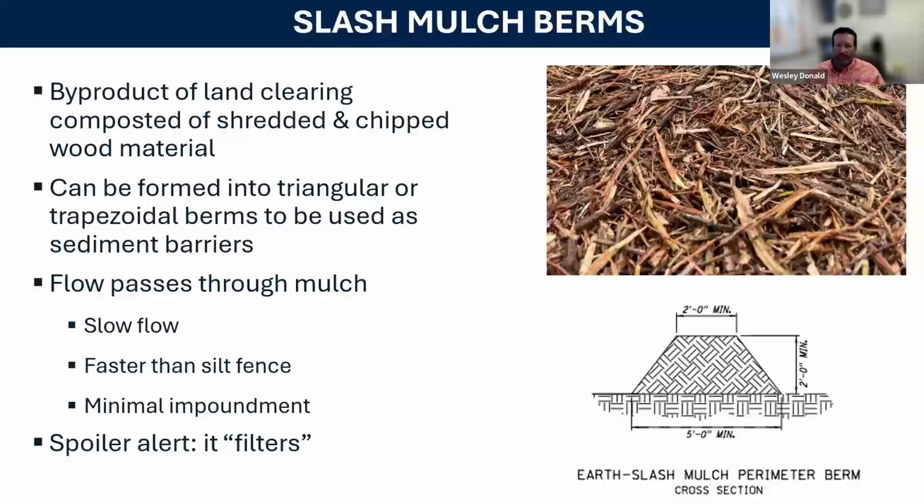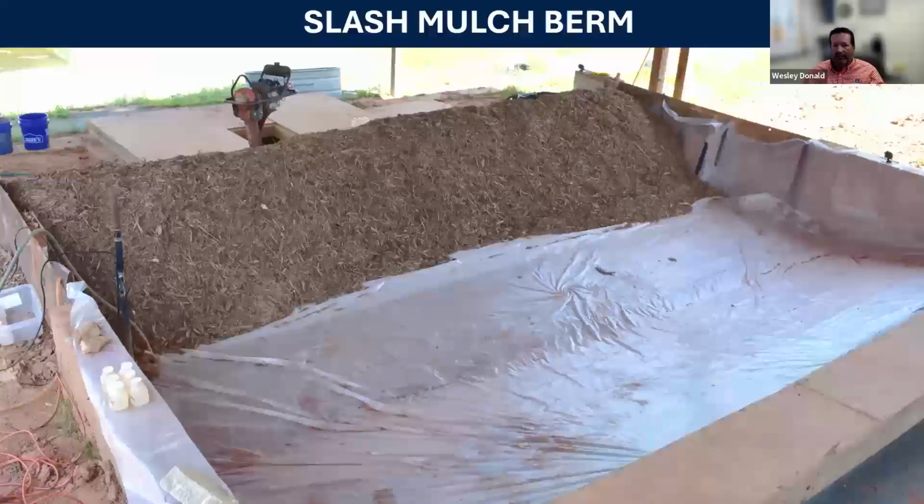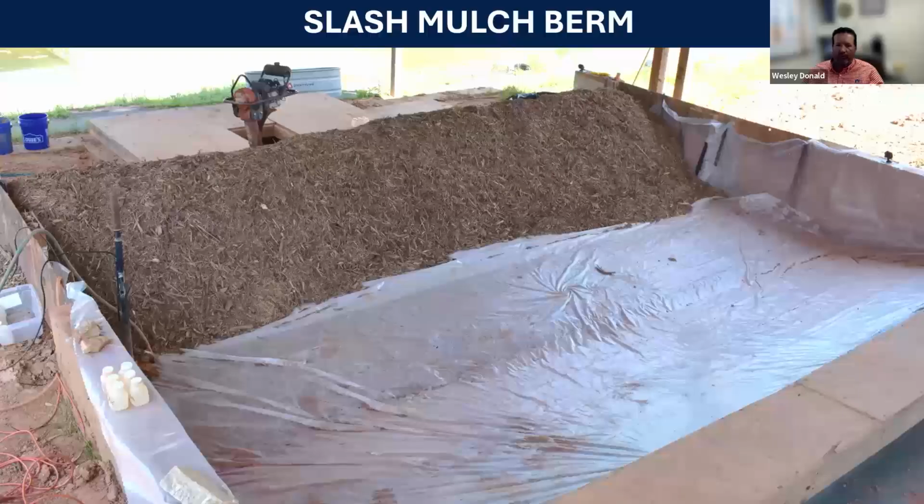Some may say, well, we're probably not controlling stormwater enough. But spoiler alert, this actually filters. We set that in our test area in a way where we didn't create any additional sediment from the installation. There's no sod staples or silt or T-posts or anything like that we had to manage.